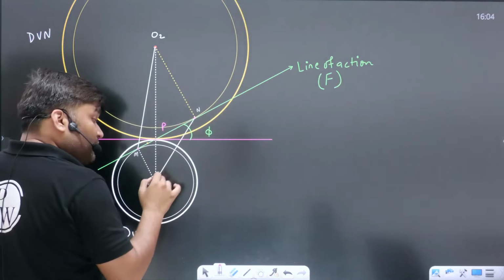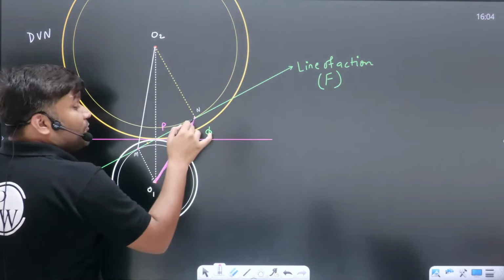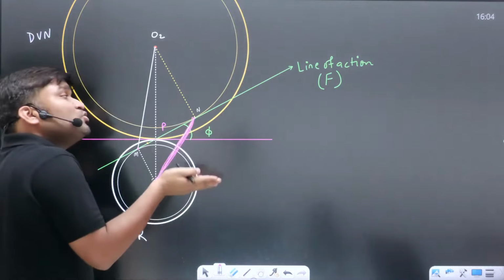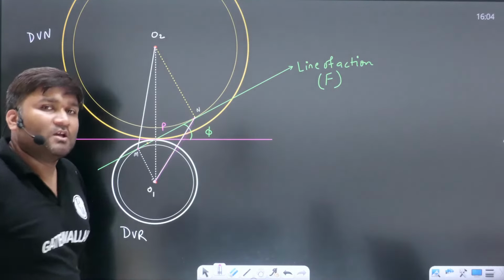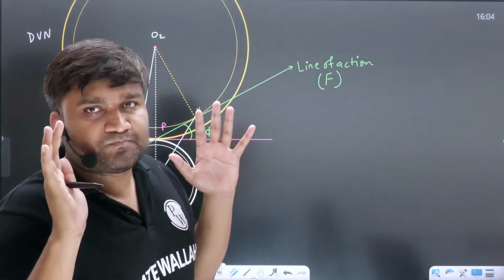Beyond that, if the radius of the addendum circle of the pinion is increased beyond this value, I will say my pinion is going to do interference at the gear teeth. So you have to control the height of your teeth.